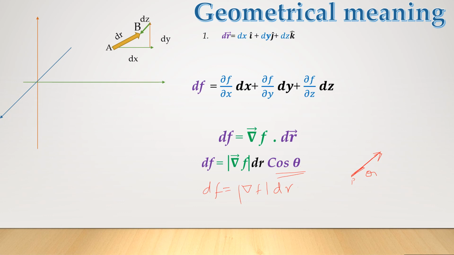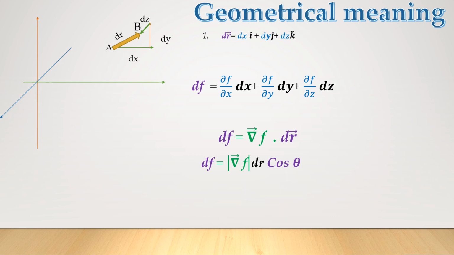Therefore, when I move along the direction of the gradient, I will have maximum change in the field. Therefore, the rate of change will be maximum when I move along the gradient direction. That maximum rate of change gives you the magnitude of the gradient of the field.